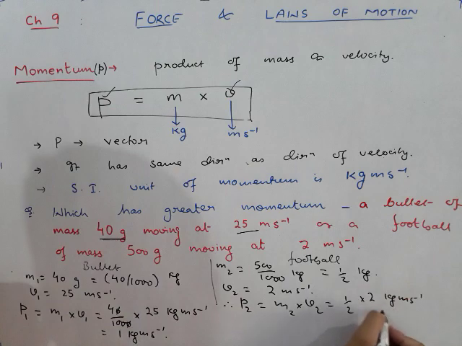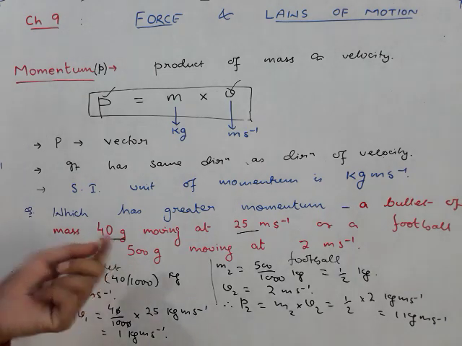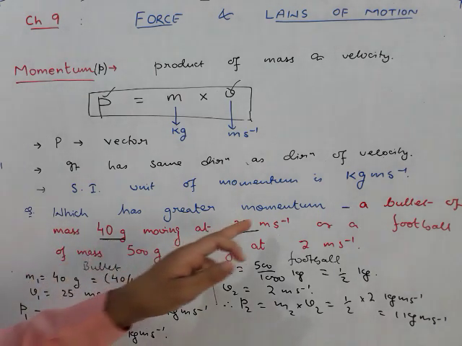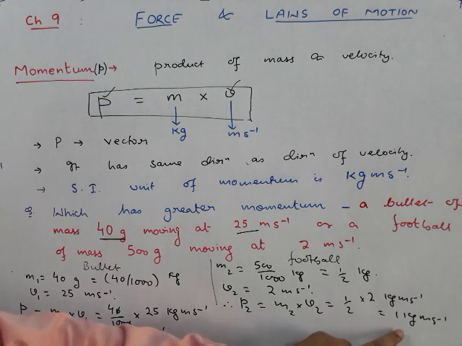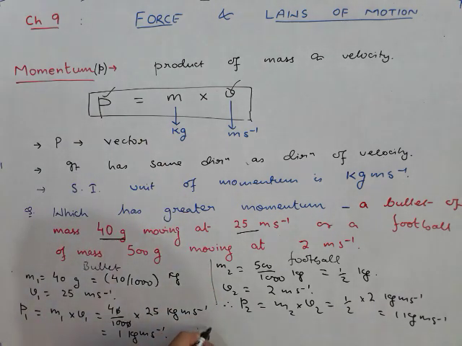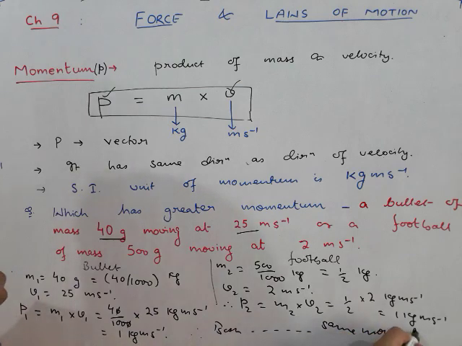So how much will we get? 1 kg meters per second. So both of these, the bullet as well as the football, their momentum we find that is same. So therefore we'll write both the bullet and the football have same momentum. You can write the language yourself.